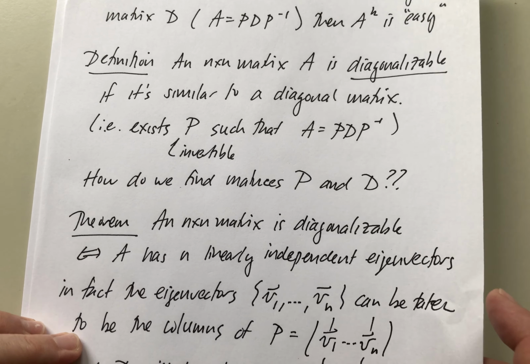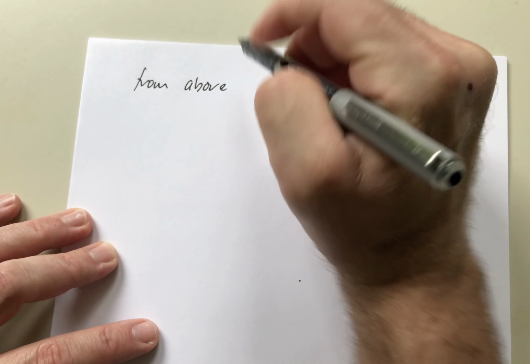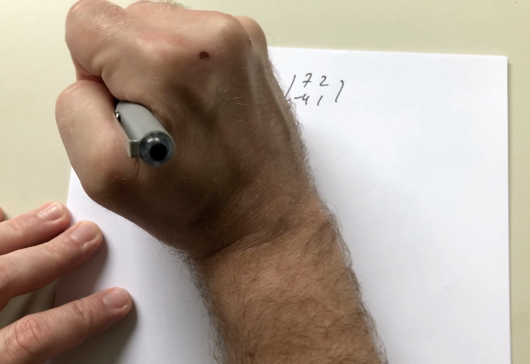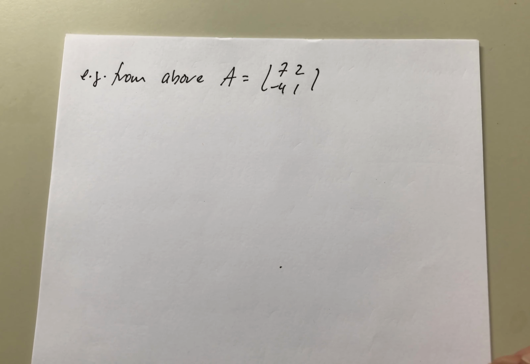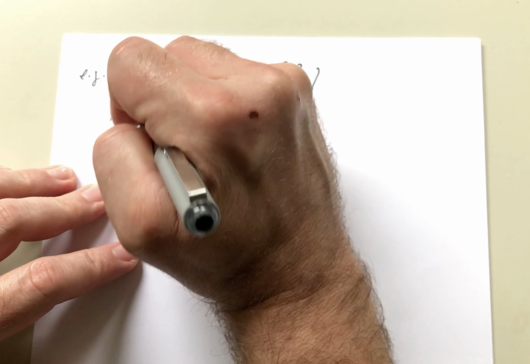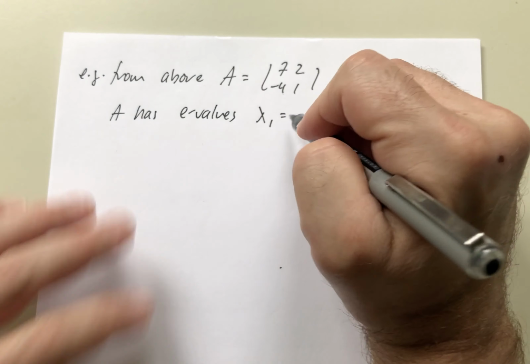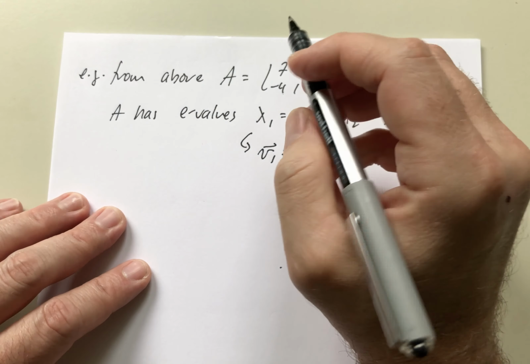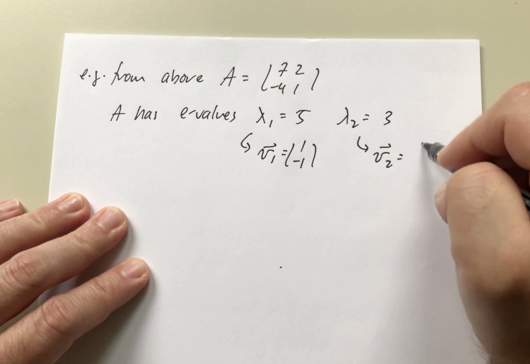But let me show you how that works with the example we just did. Going back to this example from above, the matrix I gave you was A equals 7, 2, minus 4, 1. We're going to reverse engineer what I just did. It turns out that A has eigenvalues lambda 1 equals 5 and lambda 2 equals 3. The first has an eigenvector v1 equal to 1, minus 1, and the second has an eigenvector v2 equal to 1, minus 2.